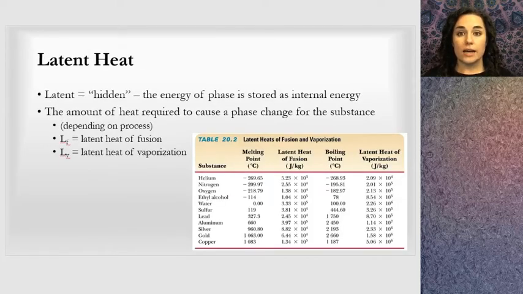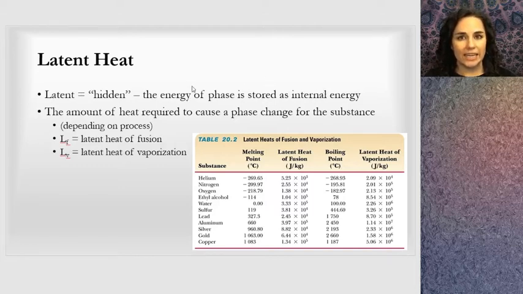Let's talk about the concept of latent heat. Latent means hidden. And what you may have seen on the graphs before that was kind of hidden to you is that the energy of phase is stored as internal energy, as the mutual attractive forces between the molecules. So when you look at ice, the energy is saved in the bonds between the water molecules in the ice.